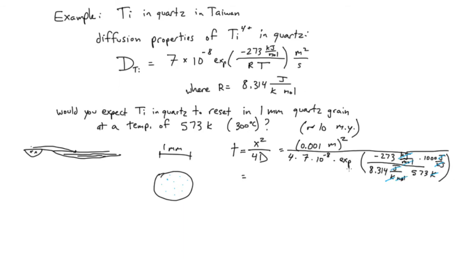And I'm just going to type this in. Okay, 0.001. And try this yourself at home. See if we get the same number.